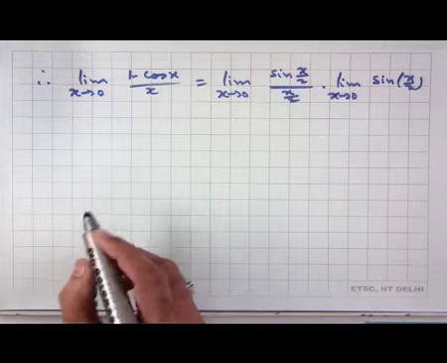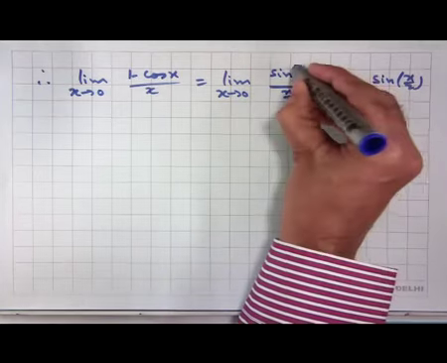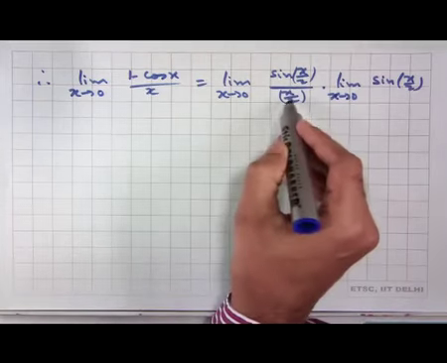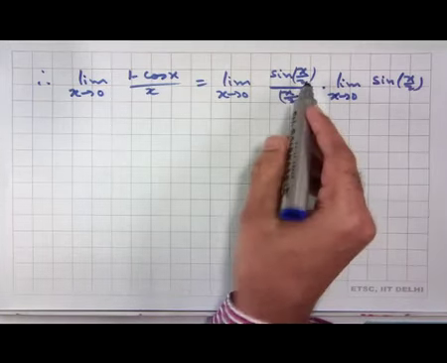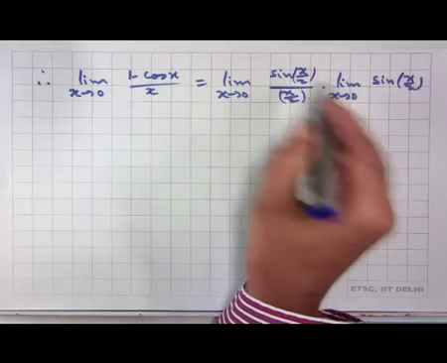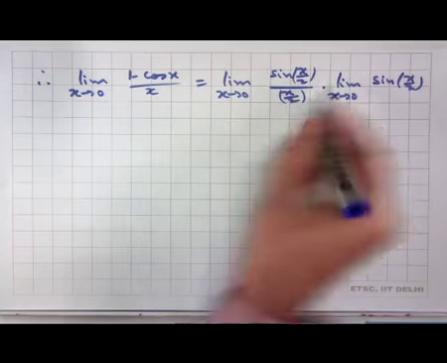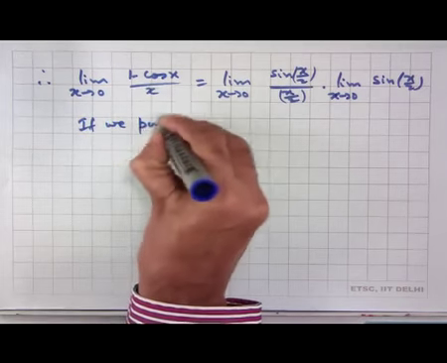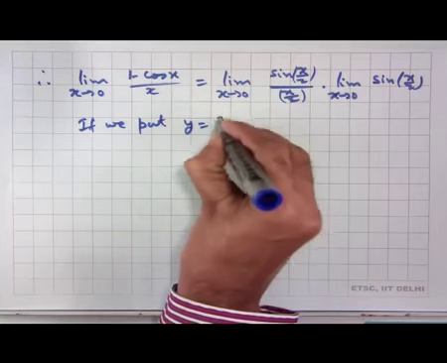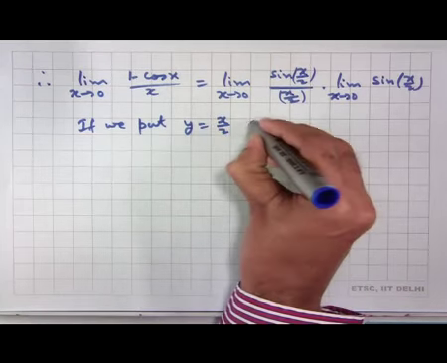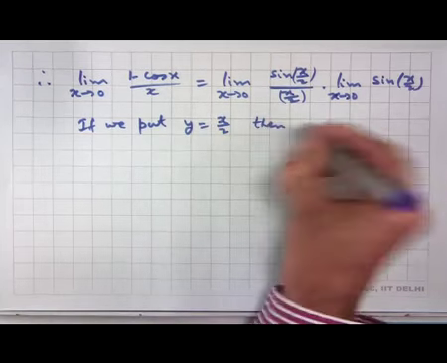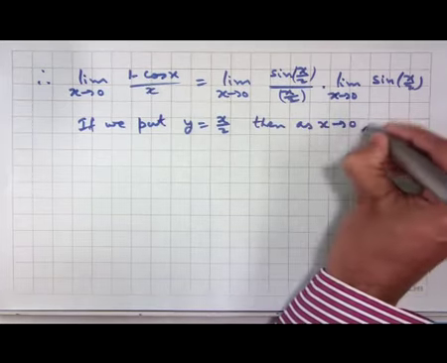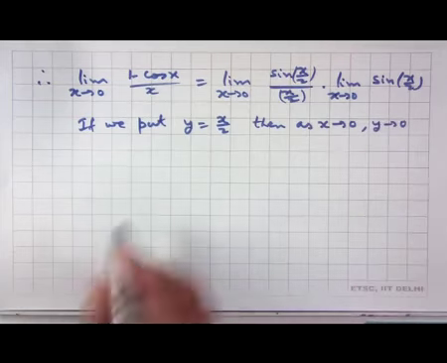So, now what we know is that limit of sin x by x as x approaches 0 is equal to 1. Here what we have is sin of x by 2 divided by x by 2. So, if we put y is equal to x by 2, then as x tends to 0, y also tends to 0, because y is half of x.